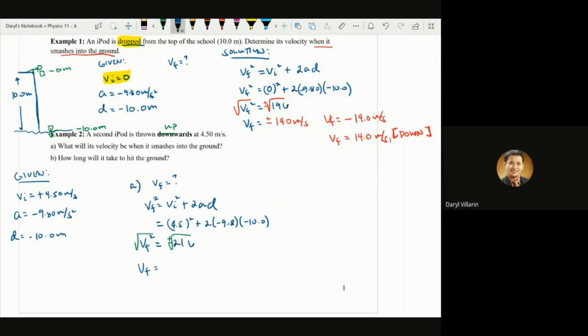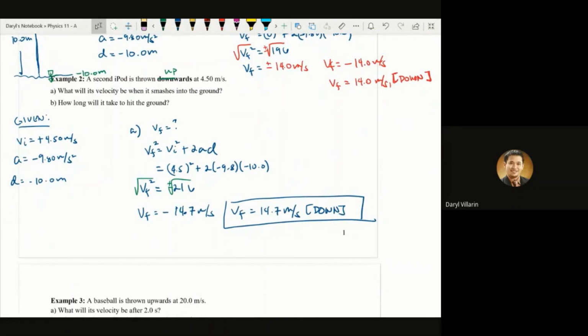But I know that this is downward, so that's 14.7 meters per second down. It should be downward because before it hits the ground, it should be moving downward. The negative sign there indicates that it's moving down.